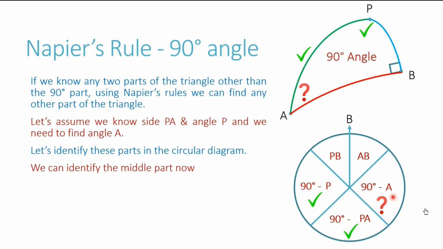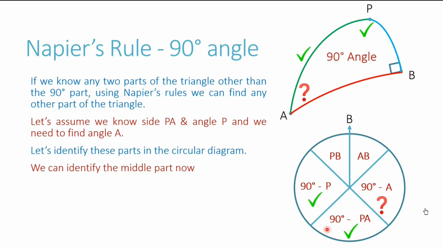Now let's try with 90 minus A. If I pick 90 minus A as my middle part, 90 minus PA is adjacent to it and 90 minus P is opposite to it. So again, our criteria is not satisfied here. We want to pick up the middle part in such a way that the remaining two should both be either opposite to it or both adjacent to it.